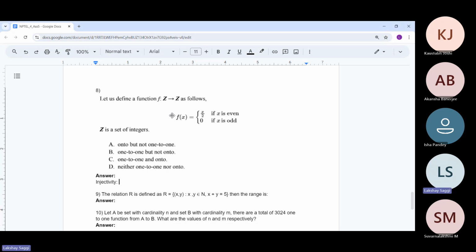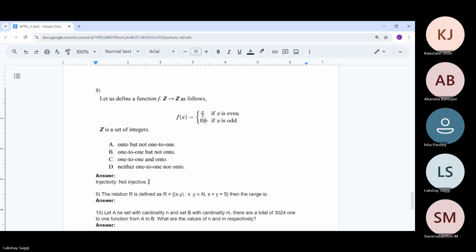Is this function f of x 1-1 or not 1-1? Okay, so Akansha says that it is not 1-1. So correct, Akansha. Not injective. And why is this the case? Because you can see that for all odd numbers, this function takes the value 0, right? But for 1-1 we need that for all different numbers, the f of those numbers should also be different.